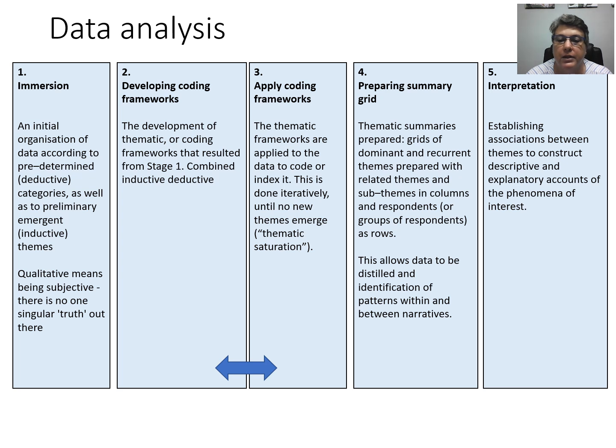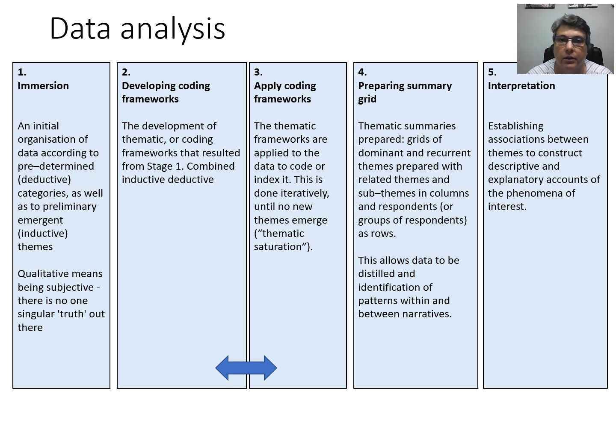We will then have a summary grid where the thematic summaries are prepared, with grids of dominant and recurrent themes captured, prepared with related themes and subthemes as columns in our grid, and the groups or respondents as the rows. This allows data to be distilled, as well as identification of patterns within and between different narratives.